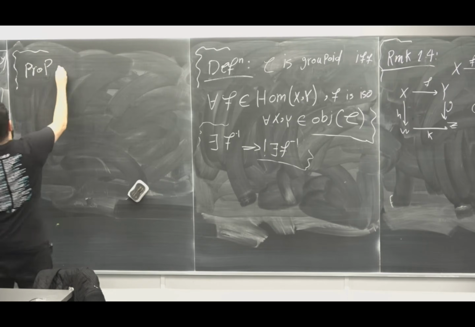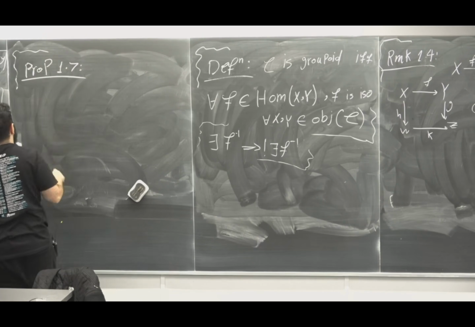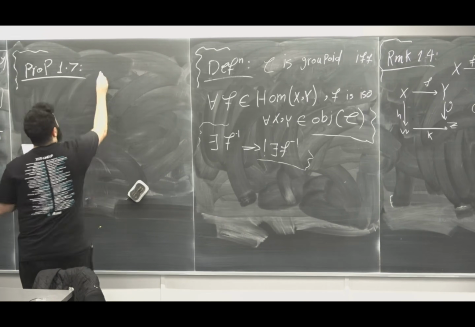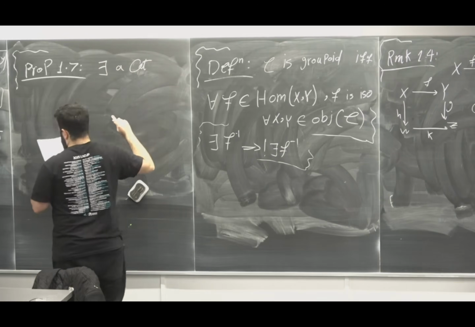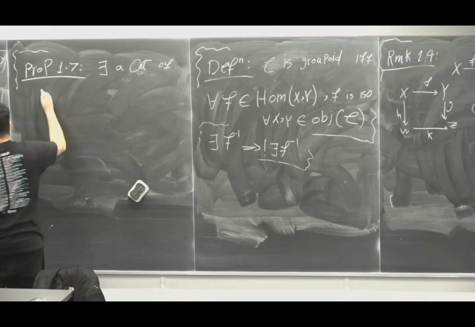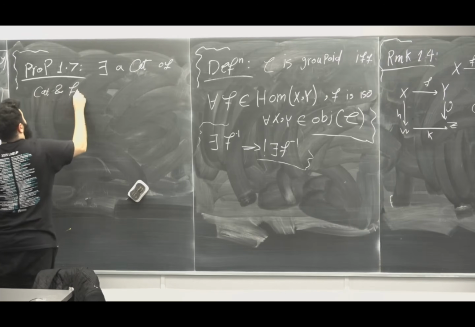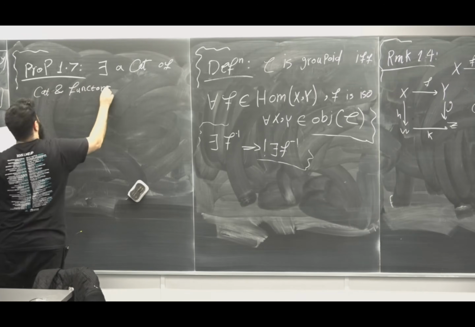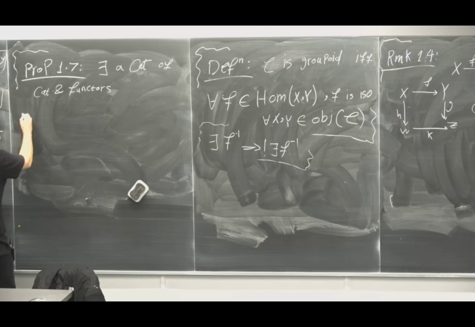Proposition 7. There exists a category of categories and functors. So, objects are categories and morphisms are functors. So, what's the proof for this?